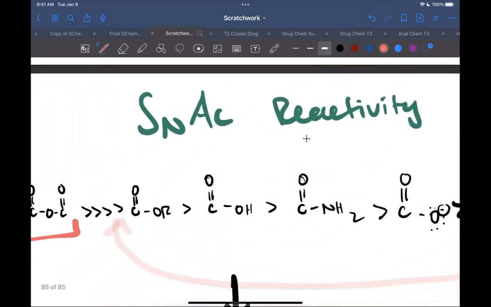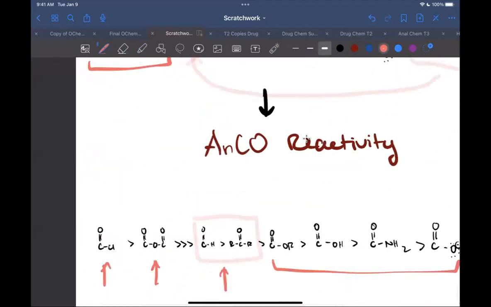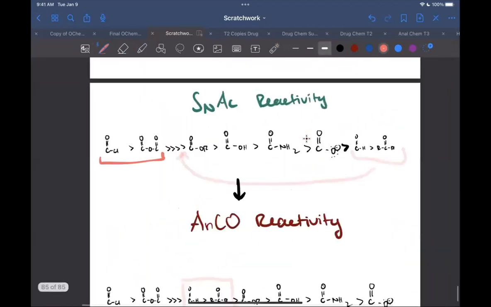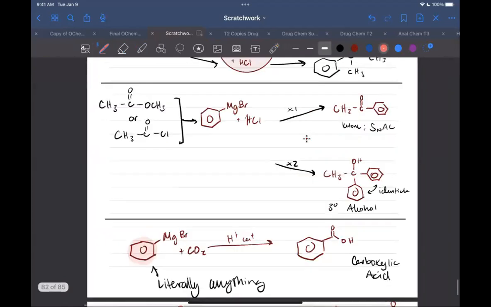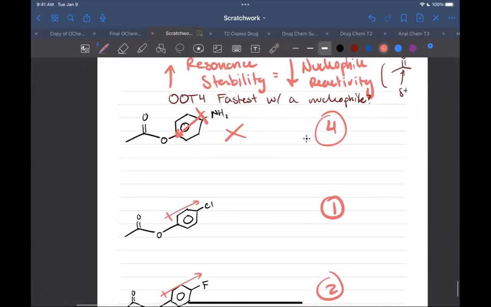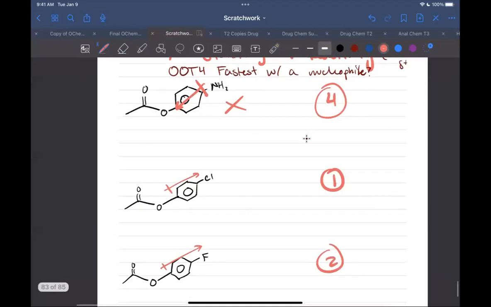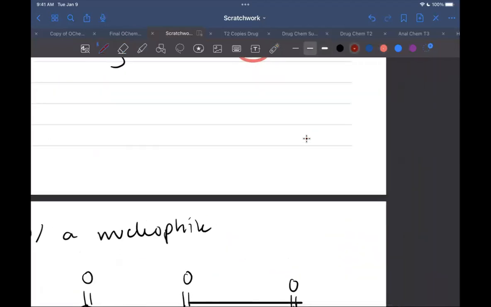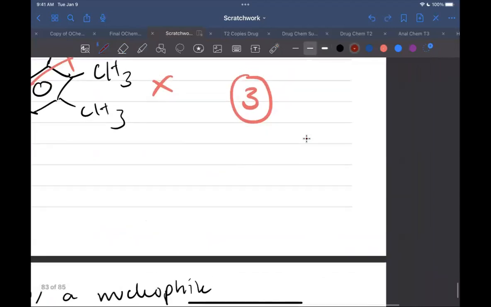So now you have SNAC reactivity. For SNAC reactivity, you look at this list. ANCO reactivity, it's the same list, but you now have to consider aldehydes and ketones. And then for nucleophile reactivity, you're just looking at the delocalization, all right? You're just looking at electron density being pulled away from or to that carbonyl carbon. So again, just to reemphasize, you have three types of stability or reactivity: SNAC, ANCO, and nucleophile.